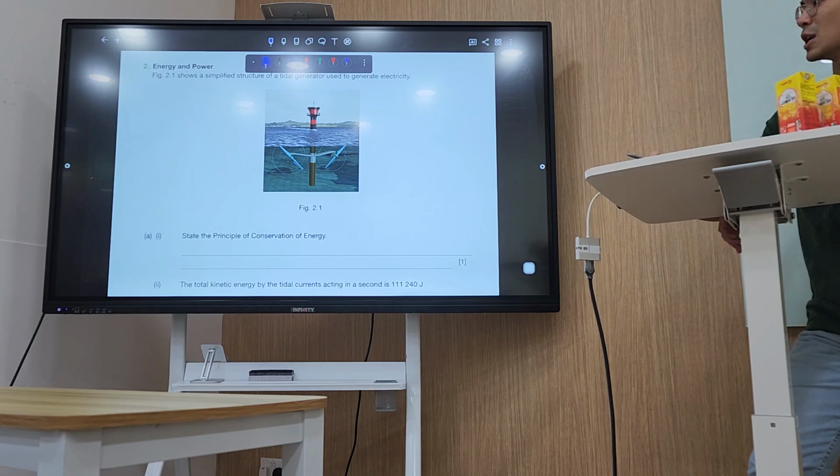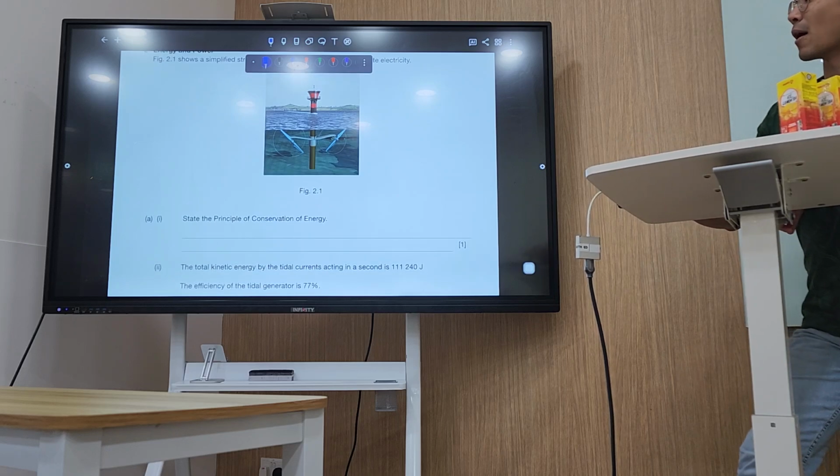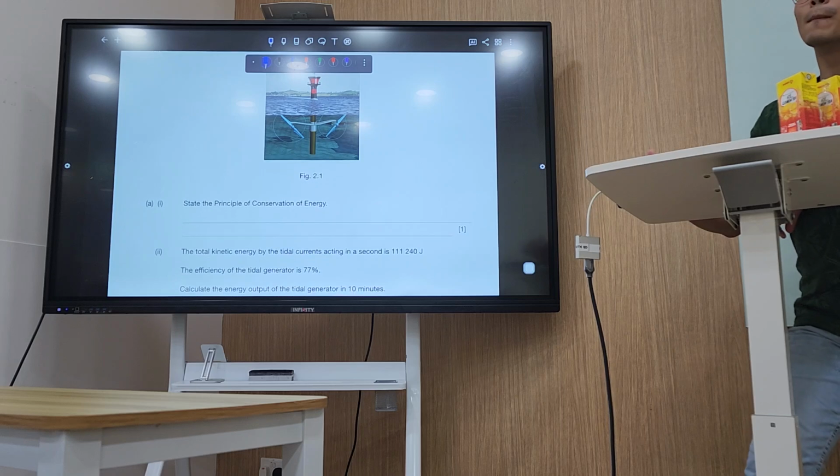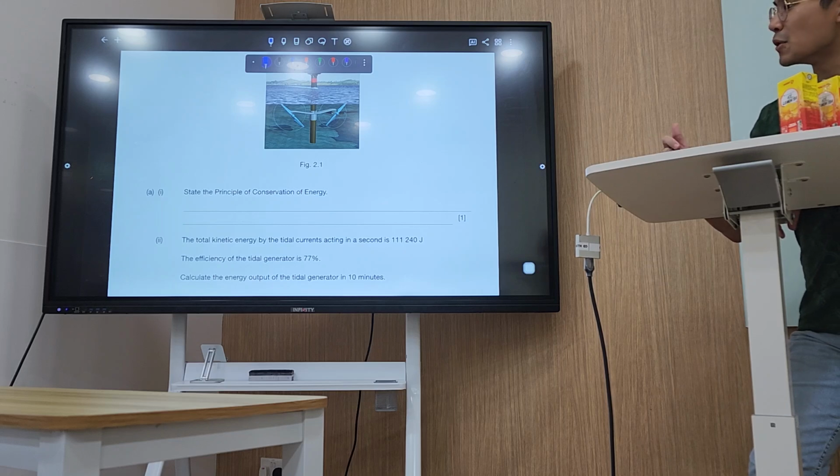State the principle of conservation of energy. Cheryl? Or not Cheryl? Ethan? It states that energy cannot be created or destroyed. Energy can be transferred from one source to another. Very good.